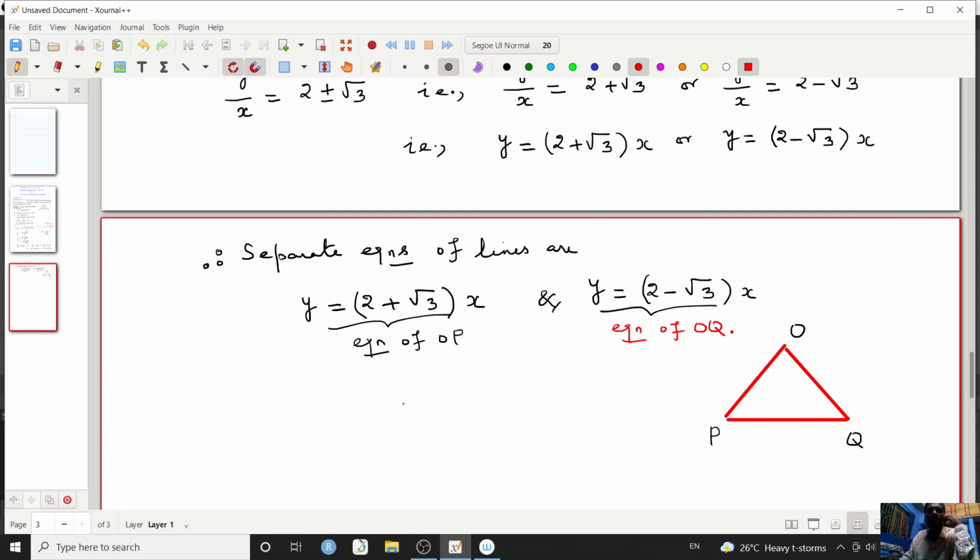And remember that we are also given the equation of PQ.